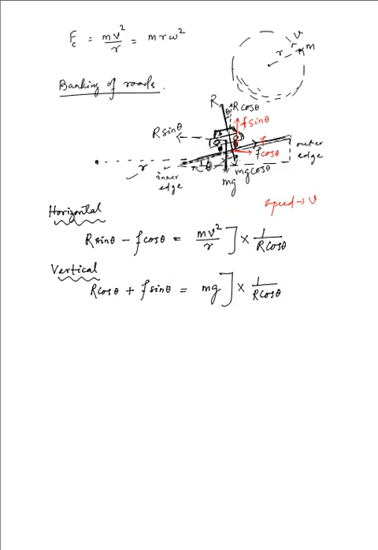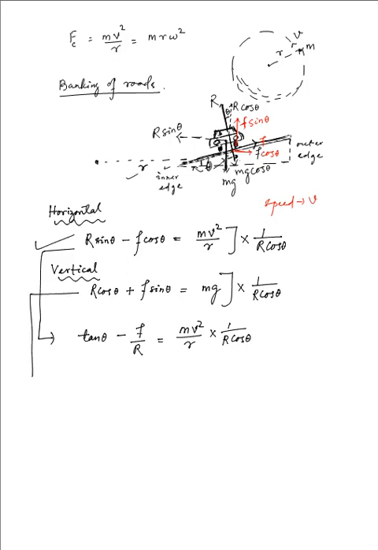Now the left hand side of the first equation, when divided by r cos theta, gives us tan theta minus, this is simply f by r, and on the right hand side you have mv square divided by r multiplied by 1 by r cos theta. Let it be as it is.